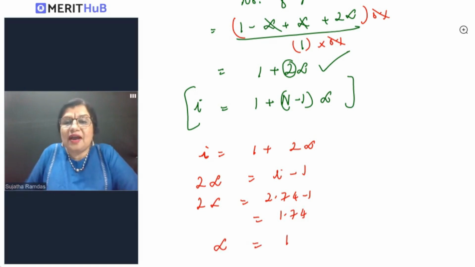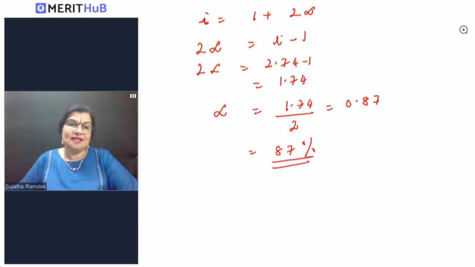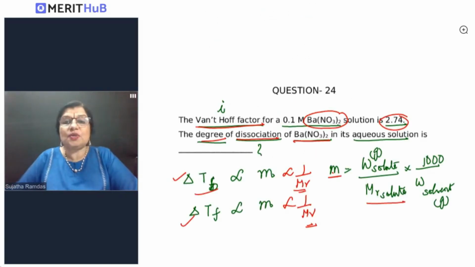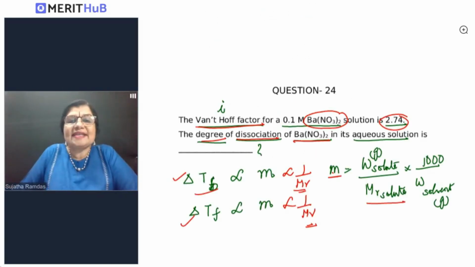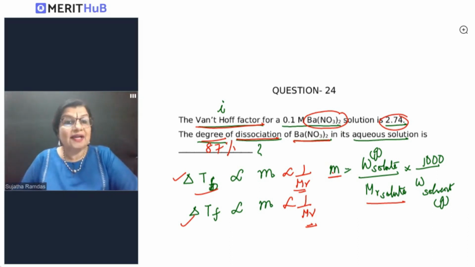Therefore, alpha is equal to 1.74 by 2, which is 0.87. Now, in terms of percentage, it would be 87%. So the degree of dissociation of barium nitrate in its aqueous solution would be 87%.